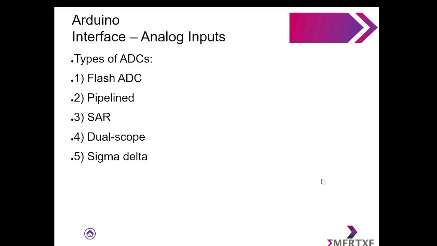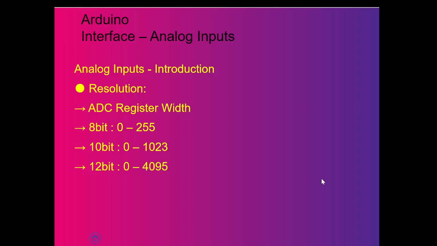And next, Arduino interface analog inputs. There are different types of ADCs like flash ADC, pipeline, SAR, dual slope, and sigma delta. Next, Arduino interface, analog inputs.